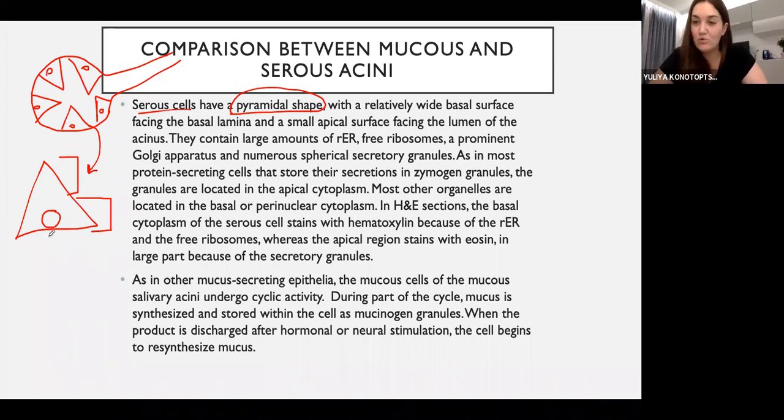Okay, so it actually has a nucleus right here. So what did we say? Nucleus, what is its charge? Its charge is negative. So who will like this area? Definitely hematoxylin, right? So this area right here will be blue. Do not forget, serous acini, what are they making? They're actively making proteins. The proteins that they're making, are they active or inactive?